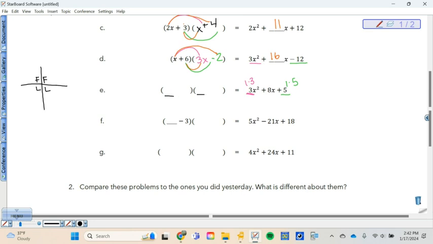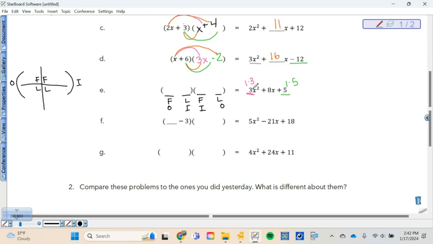First and first, last and last. And then these 2 on the side are also going to be our outers. Our outers. And these 2 on this side are going to be our inners. Okay.